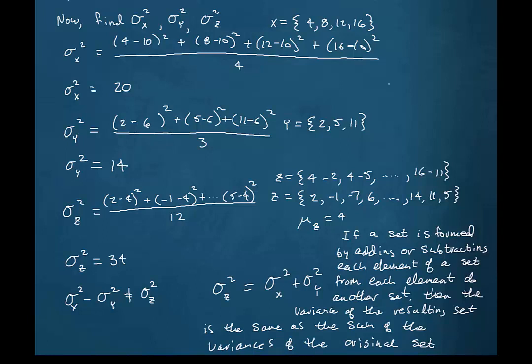And so to state that in math symbols, we would say the variance of this set that is formed by adding or subtracting each value of one set from each value of another set would be equal to the sum of the variances of the two sets. We must also note that the two sets X and Y must be independent.